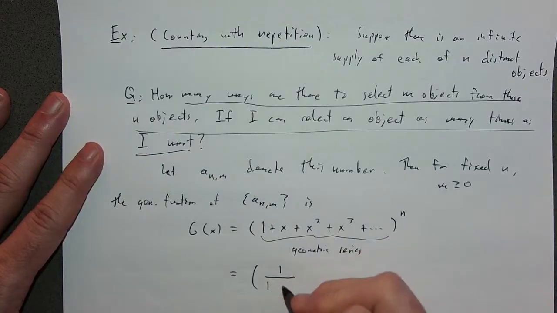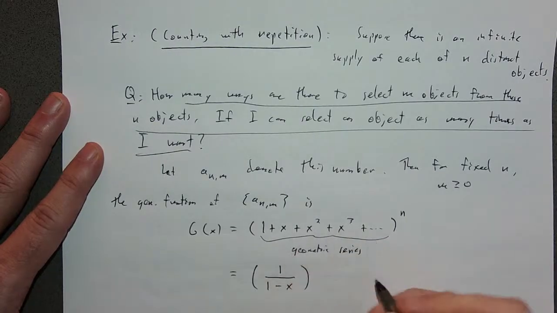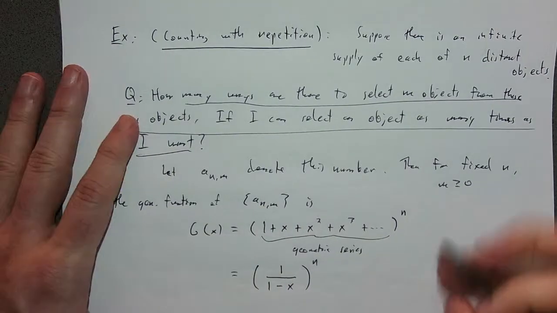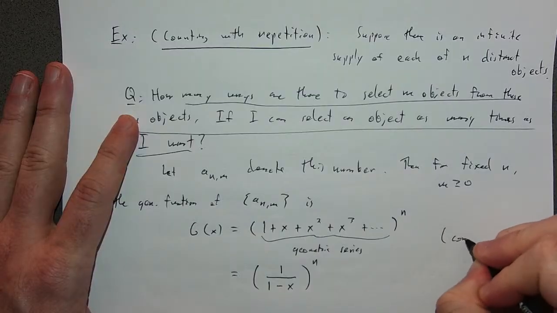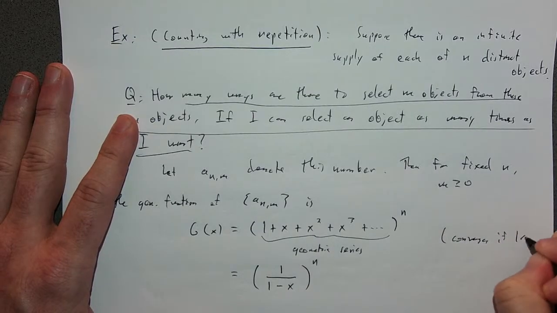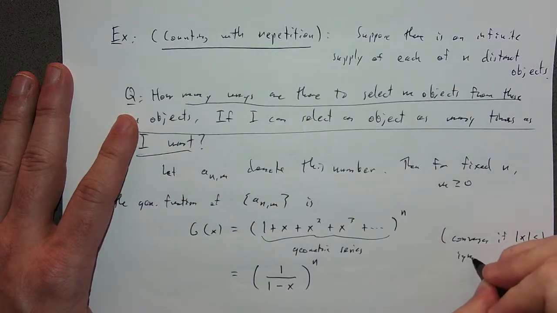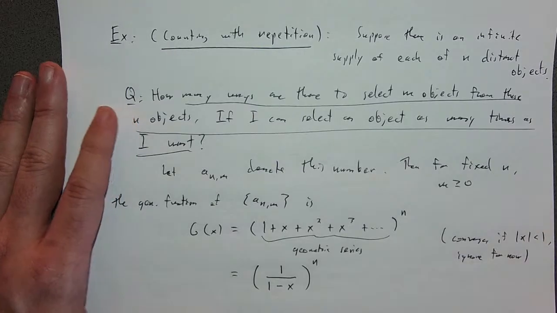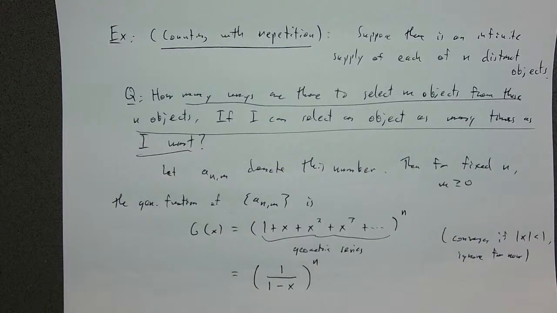This can be rewritten as 1 over 1 minus x, that's the inside part, to the n. Of course this converges if the absolute value of x is less than 1. We ignore this for now.